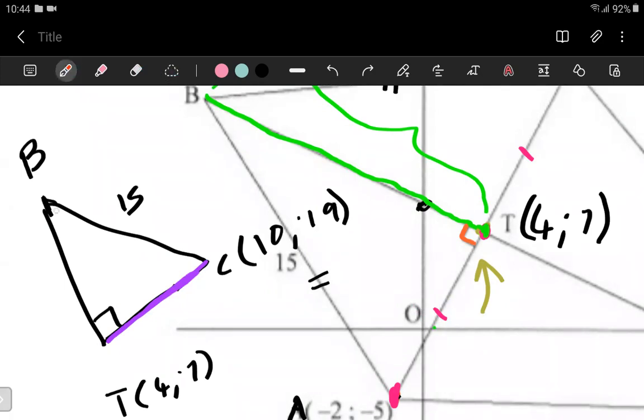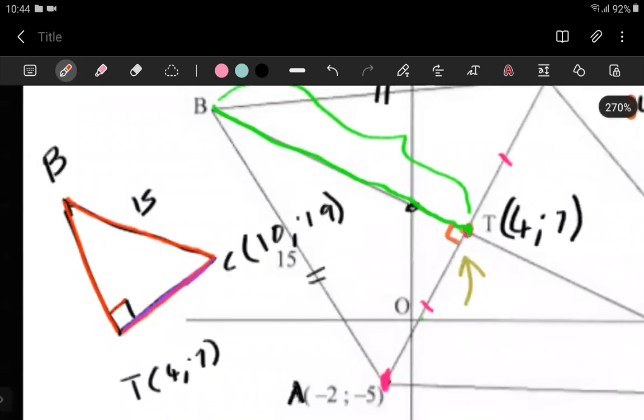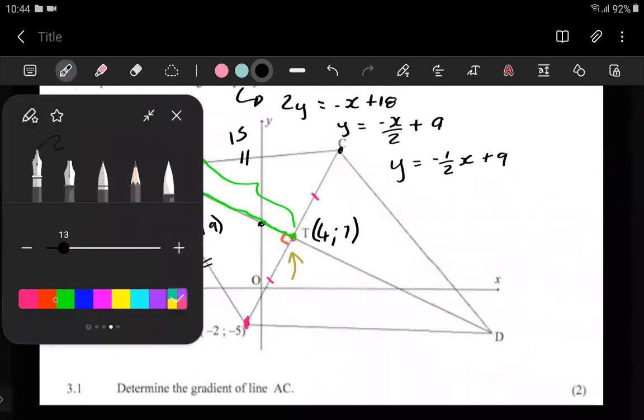So how can this right angle triangle help us if we have CT and BC there? The P word. That formula that starts with the letter P. Pythagoras?